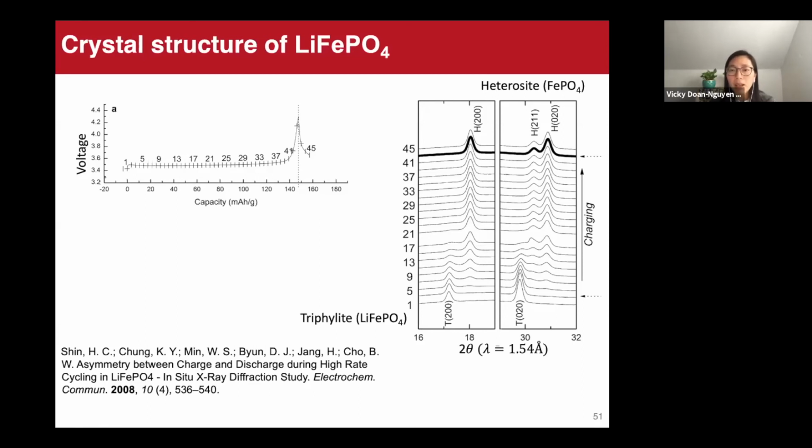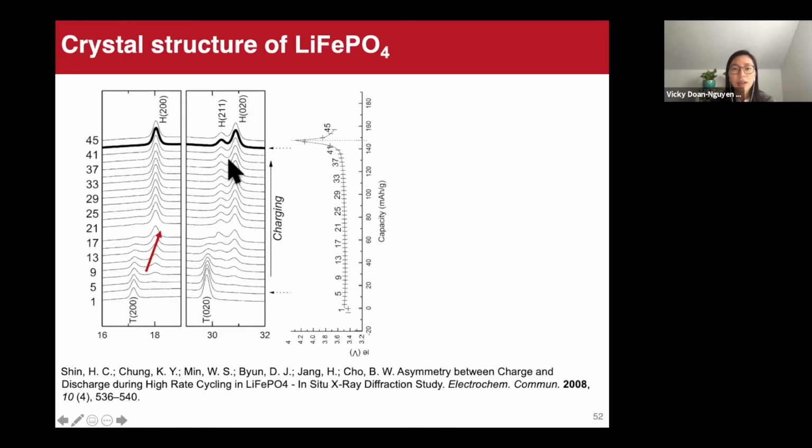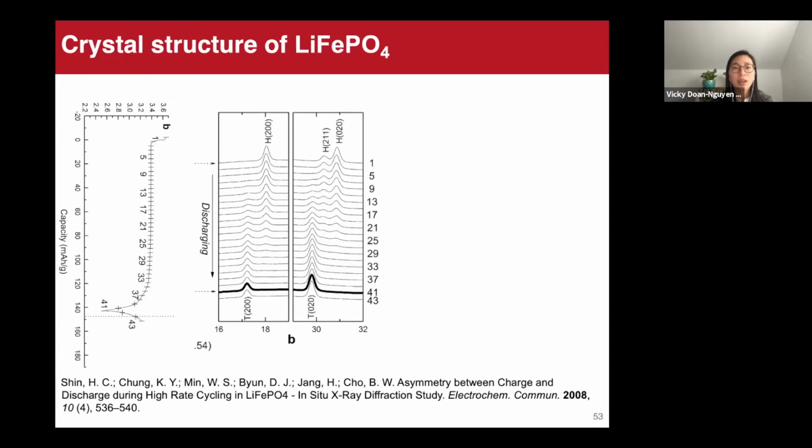So if we rotate this curve 90 degrees, we can align it with the X-ray diffraction to see that upon charging, you can see the emergence of the heterosite peak here early on, and then it transforms to the 200 heterosite peak.